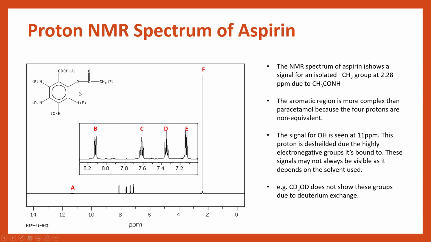Usually with aromatic groups, we'd start to think that those on the opposite sides would be equivalent, but this is not the case in aspirin. Look at this hydrogen here: it's beside another CH group, but it's already beside a carboxylic acid group, so it's going to be by itself. This hydrogen here is beside a hydrogen and beside a hydrogen, so it's going to be by itself.